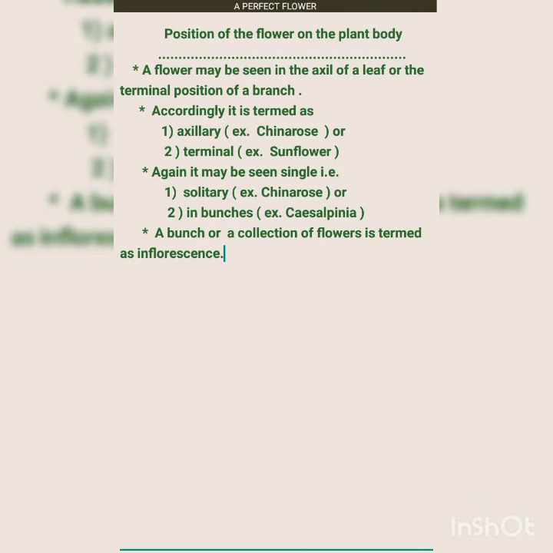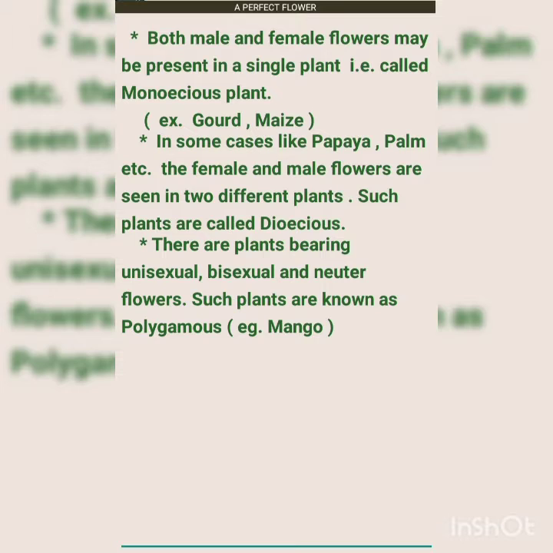Both male and female flowers may be present in a single plant, that is, both the sexes are present on one plant. Such a plant is called monoecious, example gourd, maize, etc. In some cases like papaya, palm, etc., the female and male flowers are seen on two different plants.